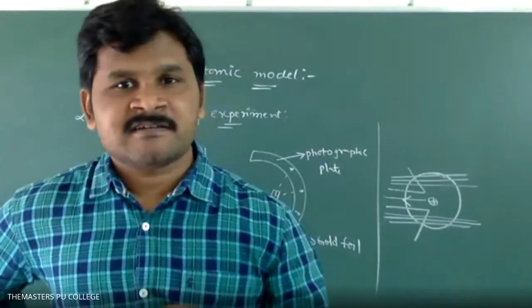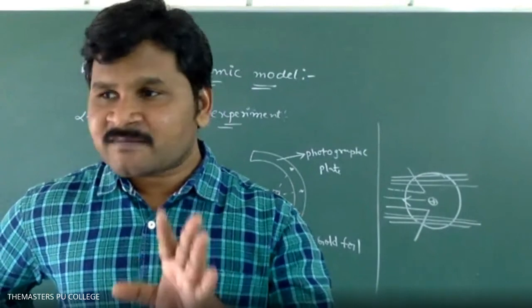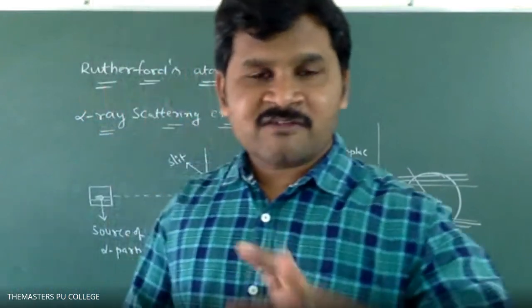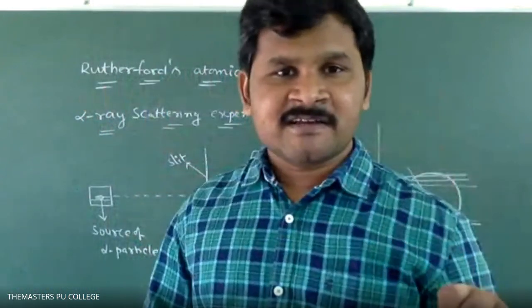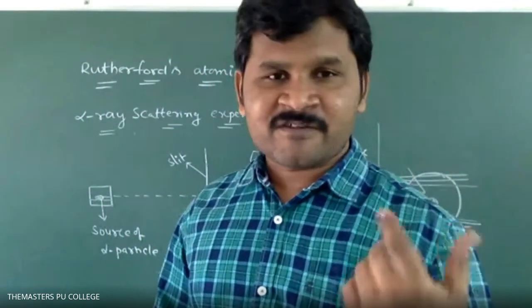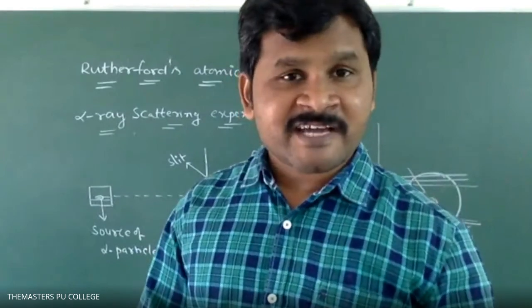Next, the entire mass of the atom is present at the center of the atom, called the nucleus. Why? You say most of the space is empty, but a few alpha particles are deflected and very few are bounced back. What can we say?